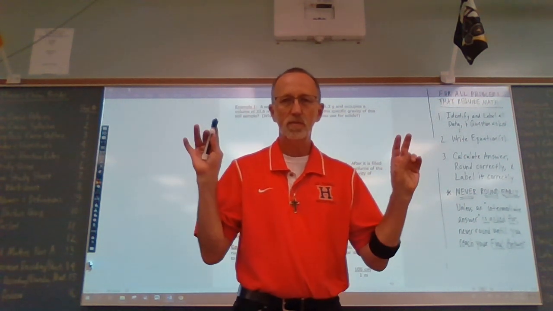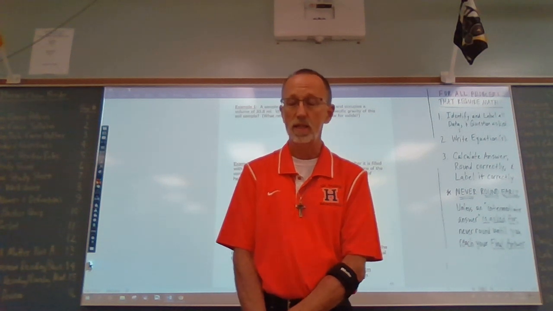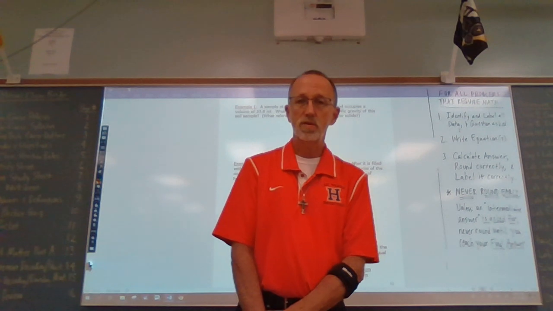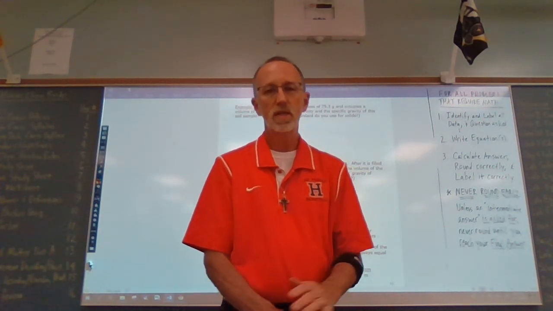Now, on occasion, what I call an intermediate answer, an answer before you get to the final answer, is asked for. If that is the case, then you round it. But in computing the final answer, you use the unrounded number from before along the way, and then again round that final answer appropriately.